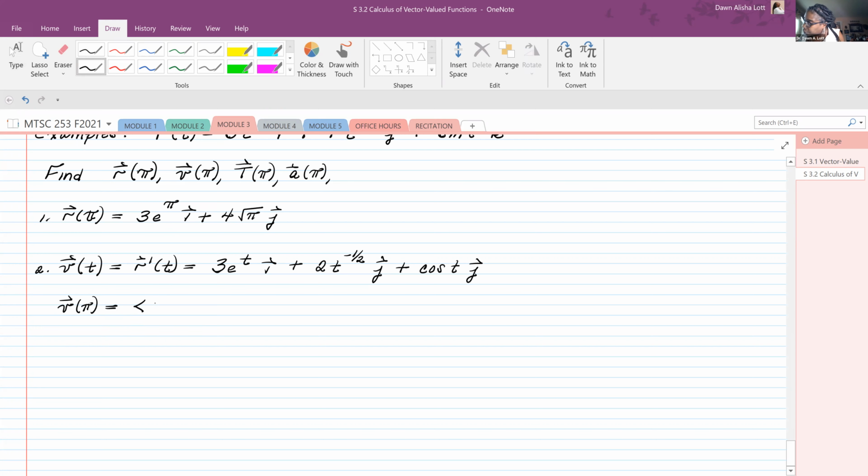So this is going to be 3e to the pi, 2 over the square root of pi, negative 1. A at t is going to be v prime at t.